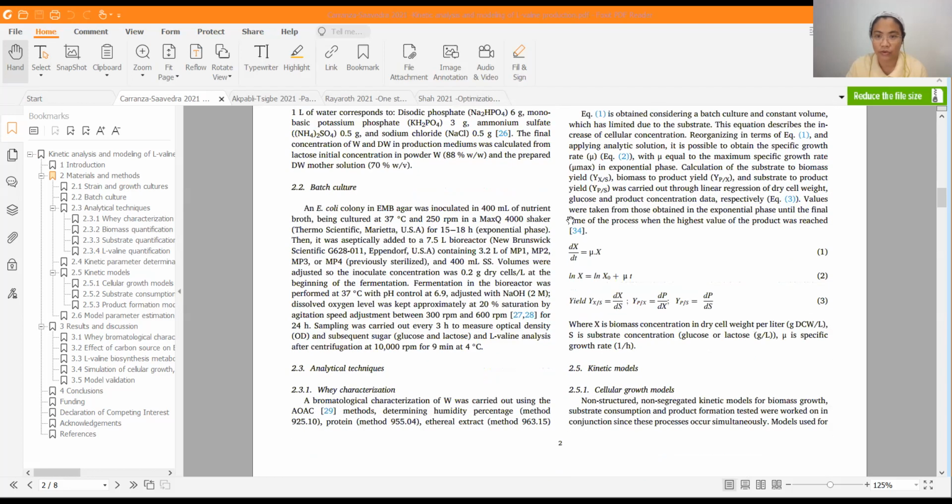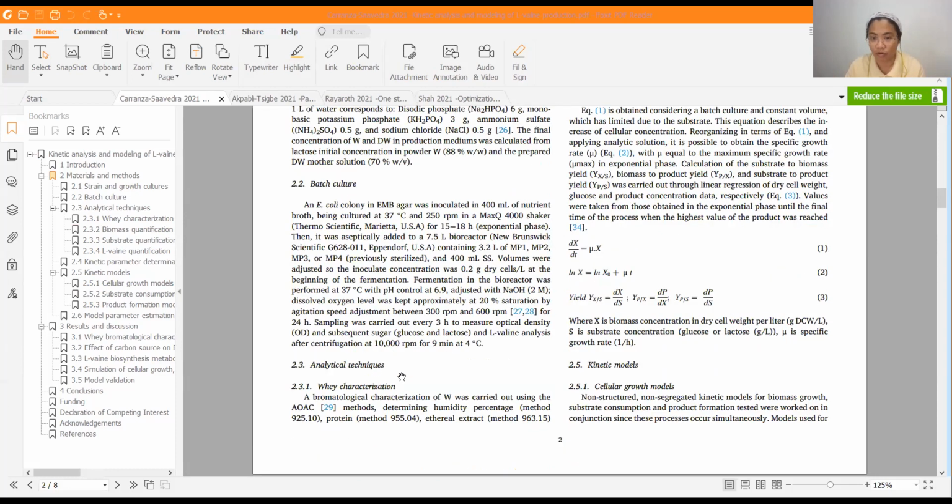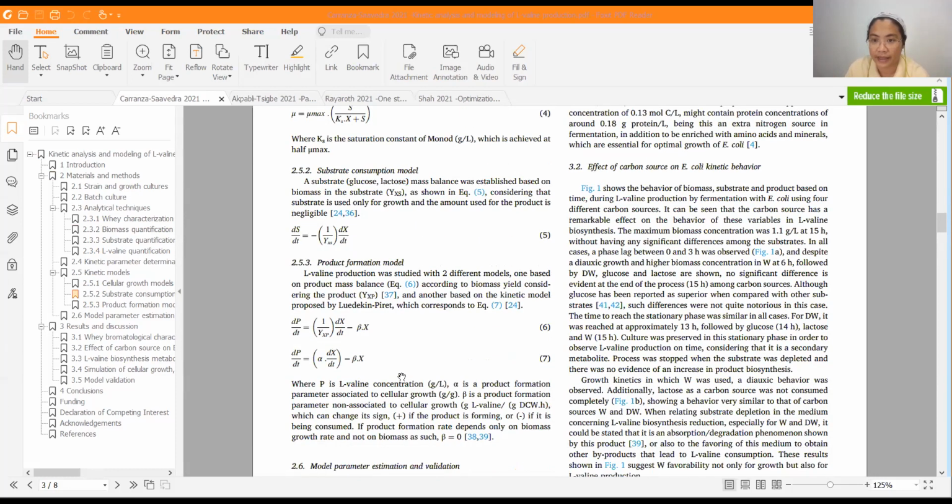If you go through, you'll see that they have some kind of model that they are going to use. They are doing experiments and fitting the data, and they have the model for substrate, for product, and also for growth.